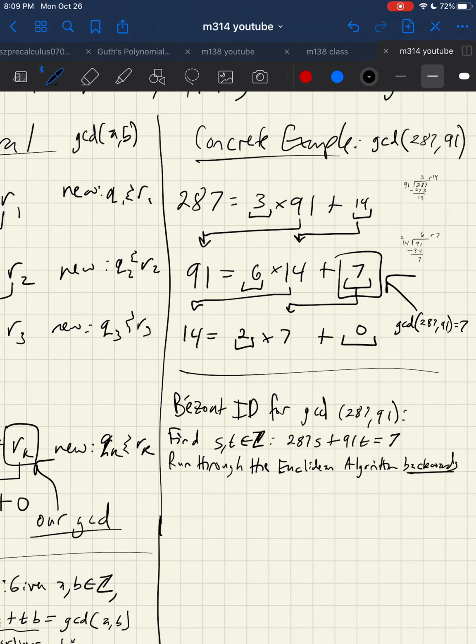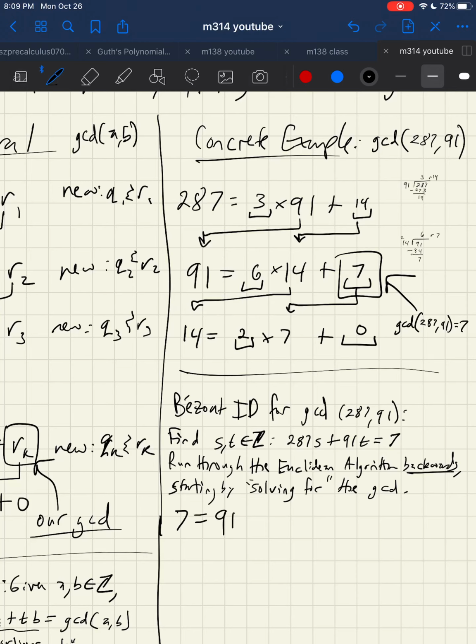We start by solving for the GCD. That is, I'm going to write the GCD in terms of everything else. I'm going to solve this equation for 7 in terms of the other numbers.